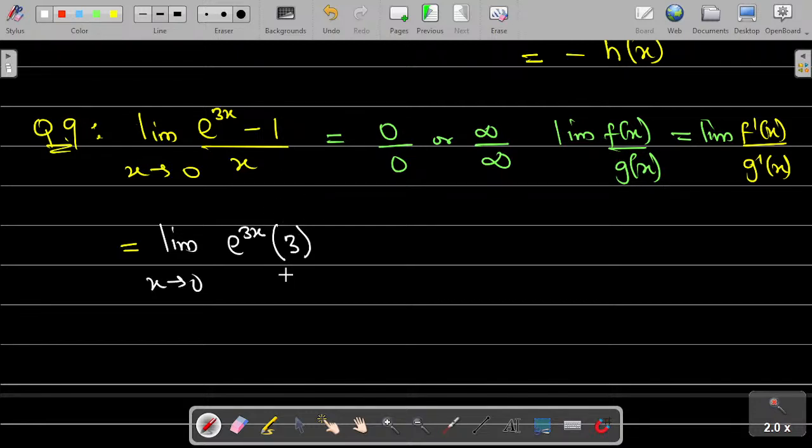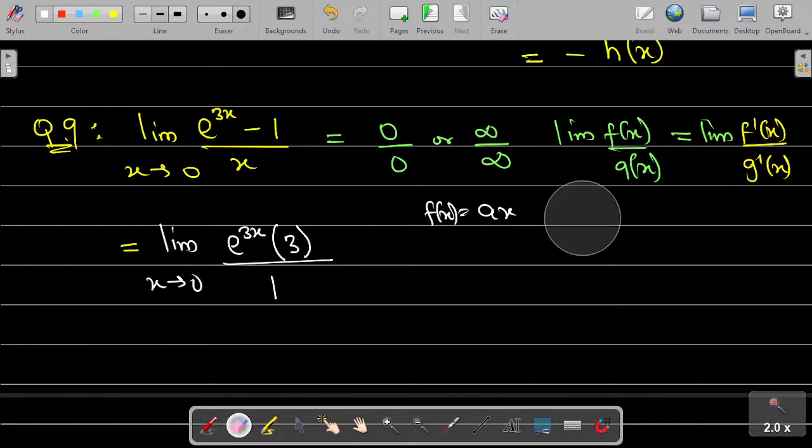So no need writing it, and that is all over the derivative of x, which is 1. Actually, if you differentiate something like, let me say ax, where a is a constant, you will always get a. So if my f of x is equal to ax, then what that means is that if you differentiate my f of x, you are just going to get only the constant.